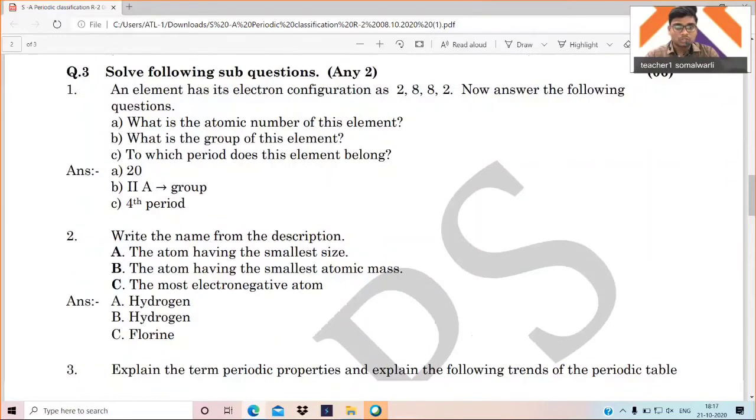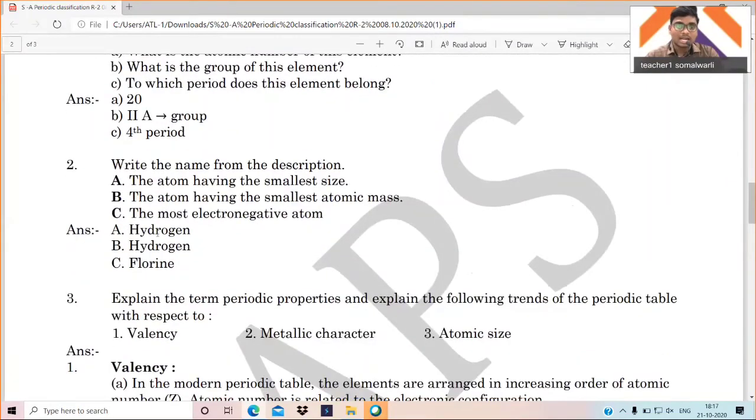Now question number 2, write the name from the description. The atom having the smallest size is hydrogen. Sometimes you may get ambiguity whether it is helium or hydrogen, but from different references I observed hydrogen is the correct answer for the smallest size.